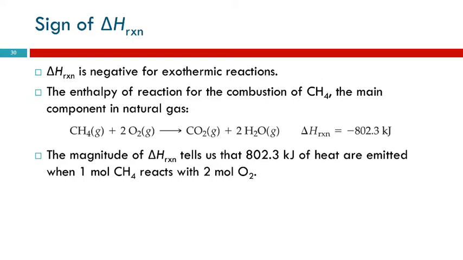So what this is telling us, the negative sign tells us it's an exothermic reaction. The energy is going out into the surroundings. And this quantity is the amount of energy that happens when 1 mole of methane burns. If you burn a little bit of methane or a lot of methane, you're going to get a different amount of energy released, right? You think about like a Bic lighter.